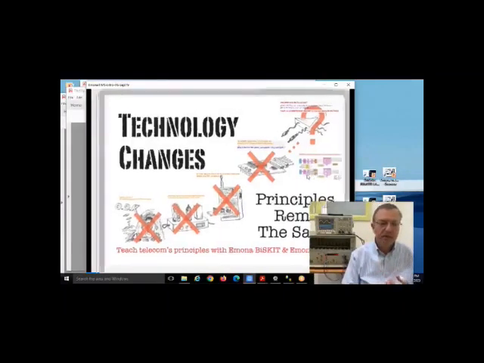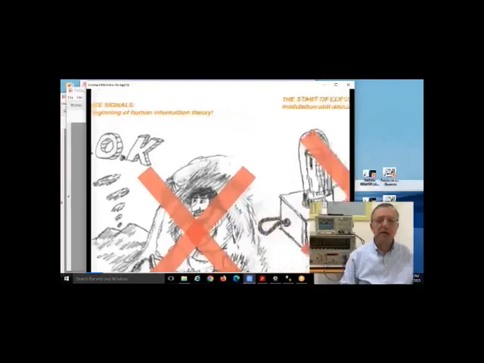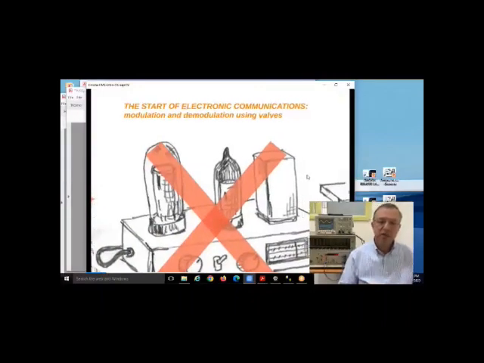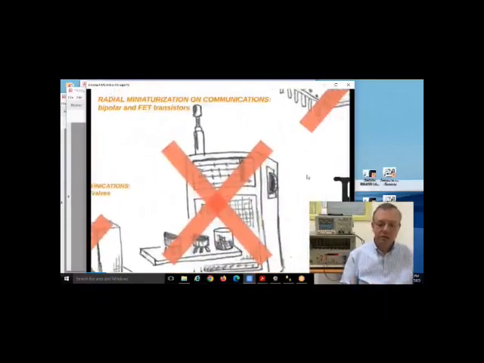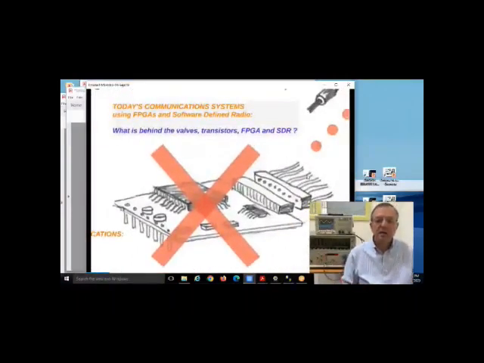The original long-distance communication was smoke signals, a bit like on-off ping. But seriously, the first real electronic communications was implemented with valves. And then technology changed to transistors. And then technology changed to ICs and today FPGAs and SDR.